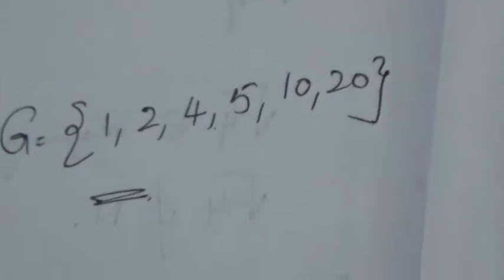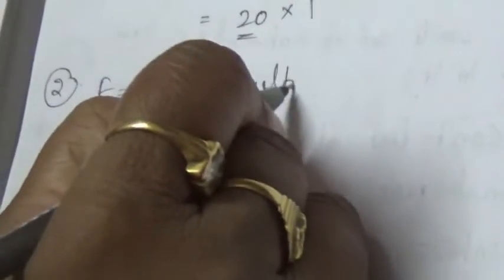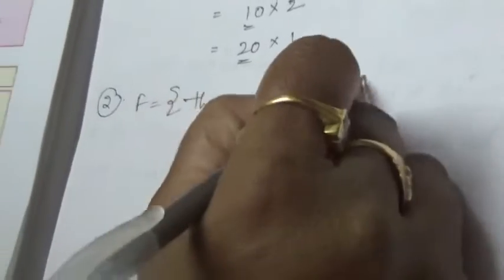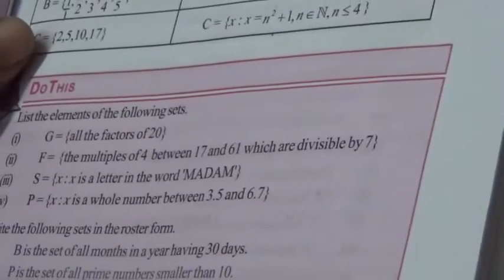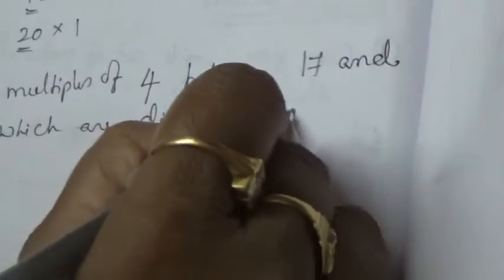Second sum: F is equal to the multiples of 4 between 17 and 61, and which are also divisible by 7.